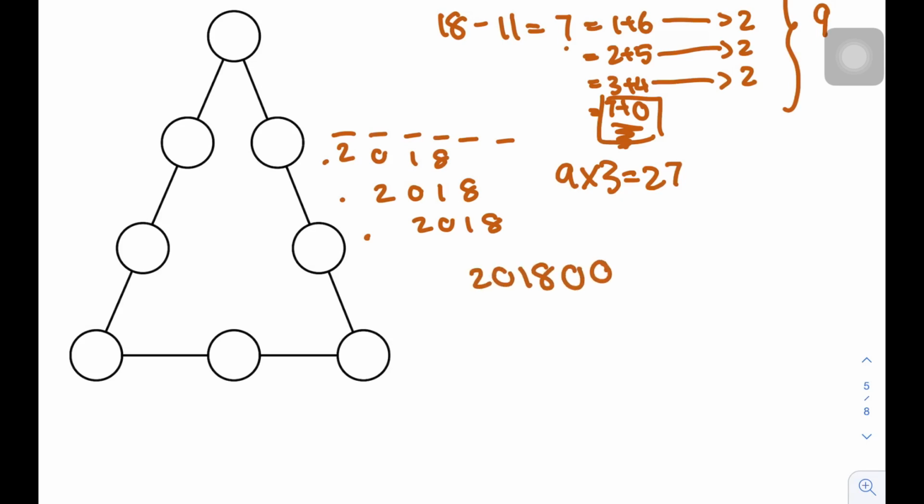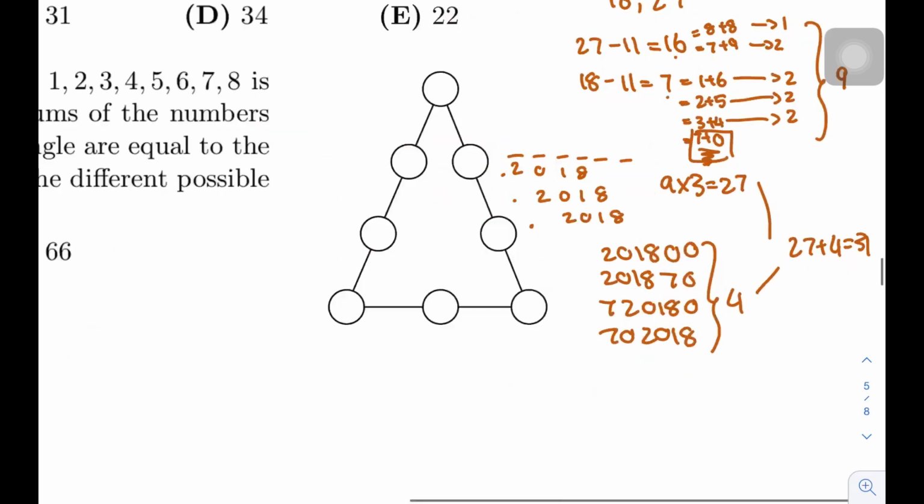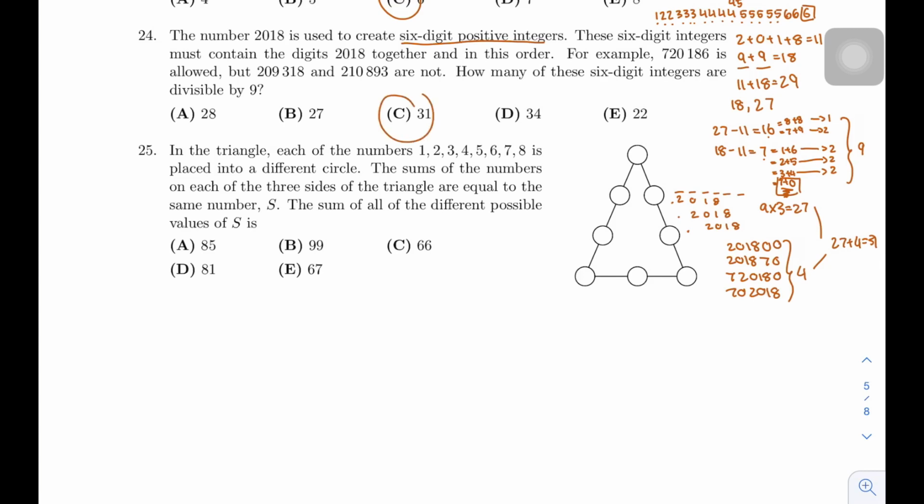So you have 201800, 201870, 720180, and 702018. And this also gives you 4. So 27 plus 4 equals 31. Therefore, the correct answer is C.